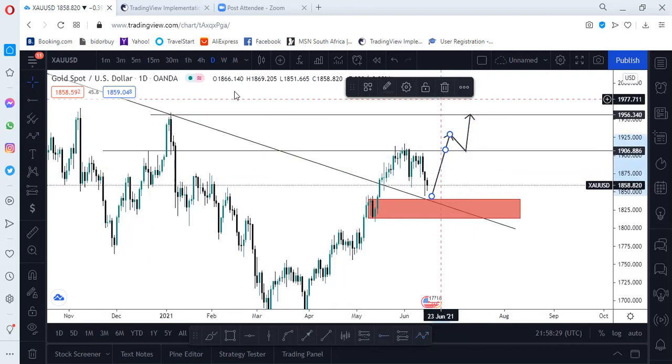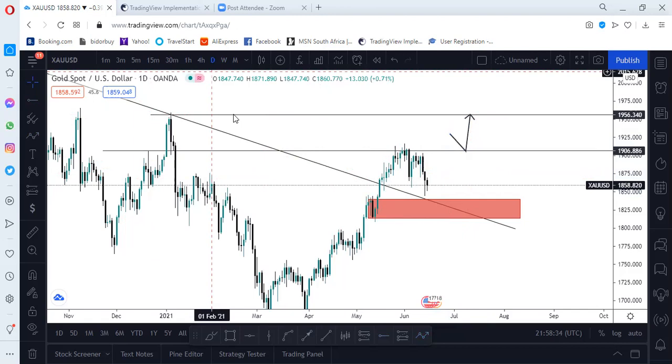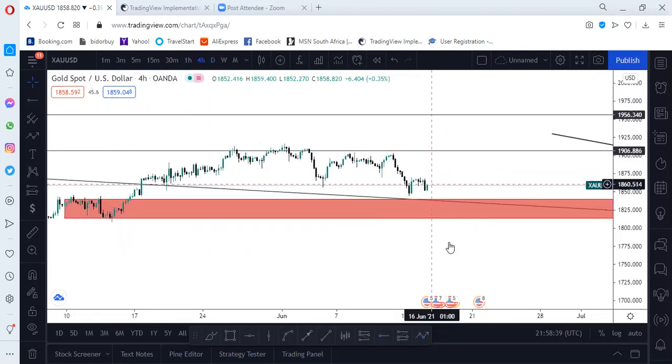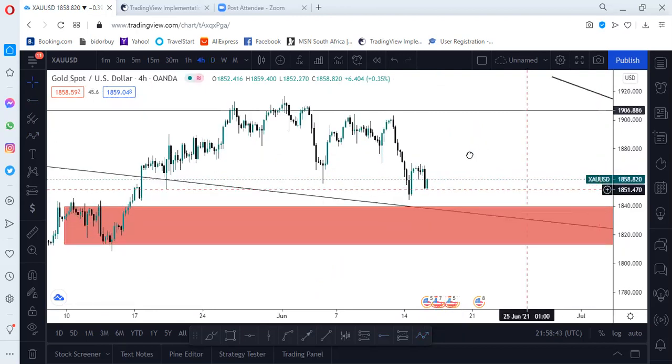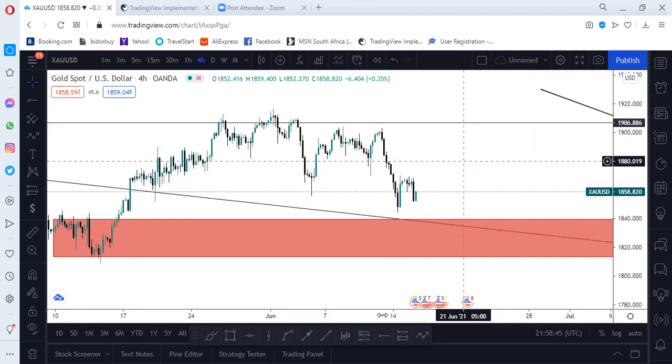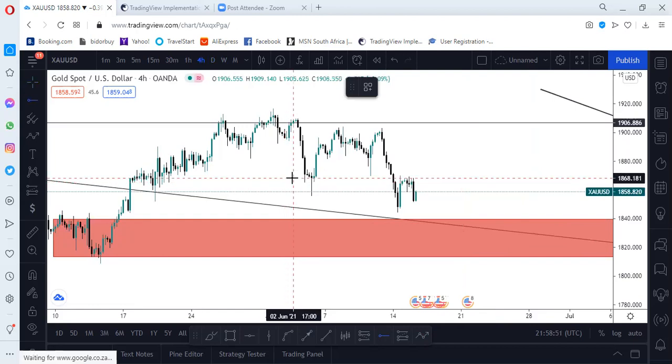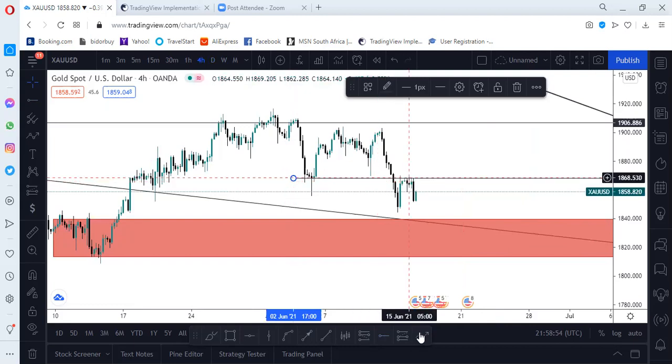So let's move from the daily to the 4-hour time frame. Without complicating things, we just keep it simple so that it's clear. Here on the 4-hour time frame, you can see we had this nice support, which price respected and trended into resistance right here.